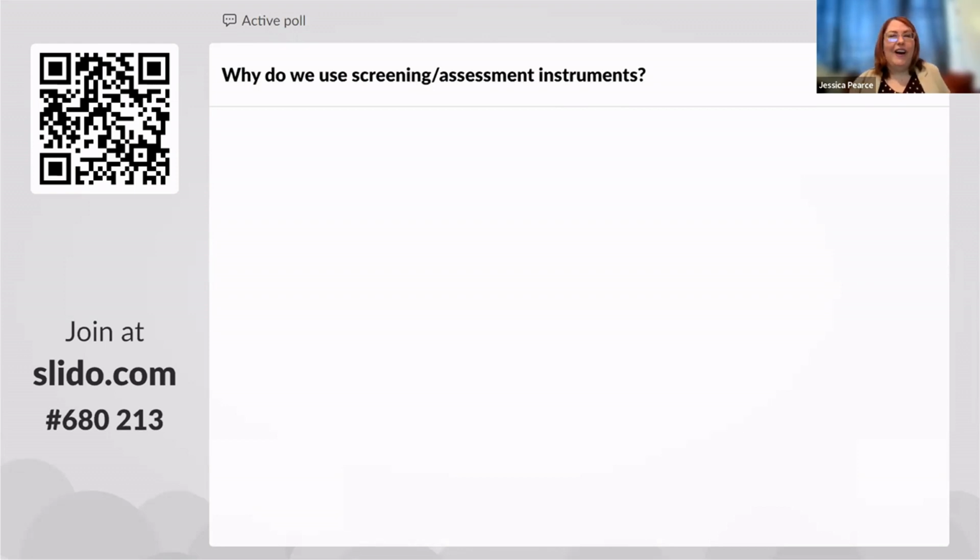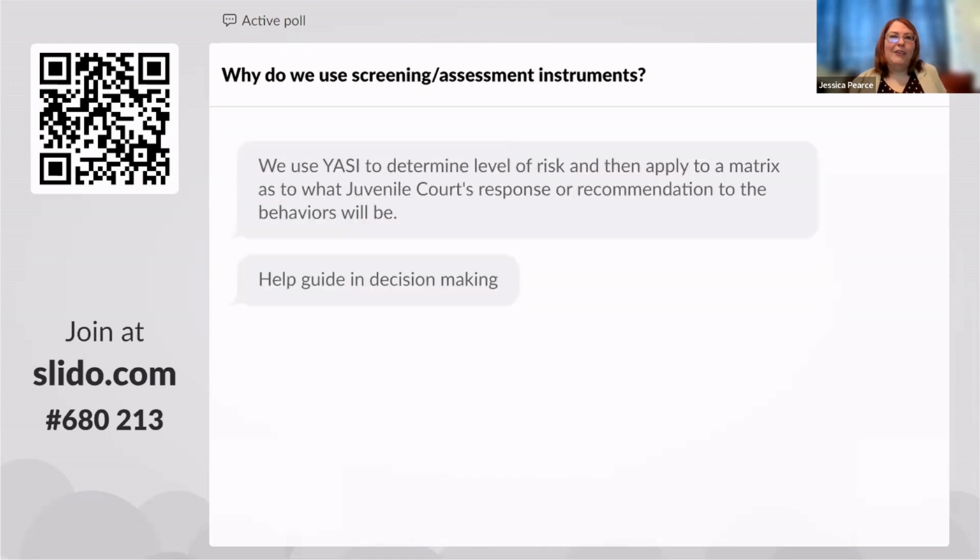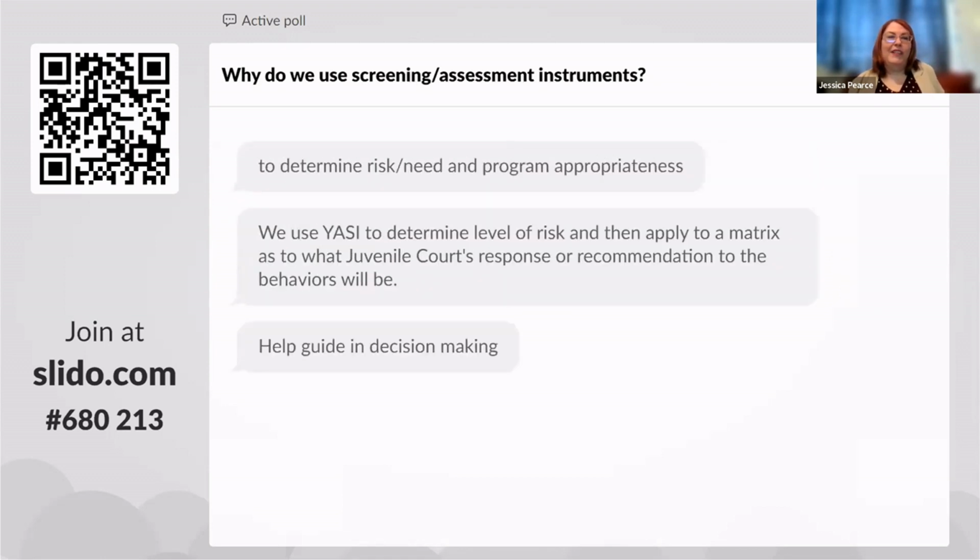So once again, at slido.com, you're going to have an opportunity. You can type a short answer. I think you can actually type several paragraphs if you're so inclined. So here we go. We've got help guide decision making. Yeah, absolutely. Remember that slido.com 680213.